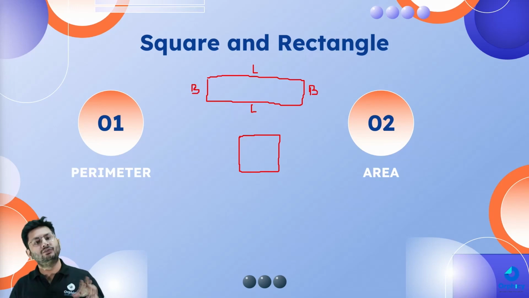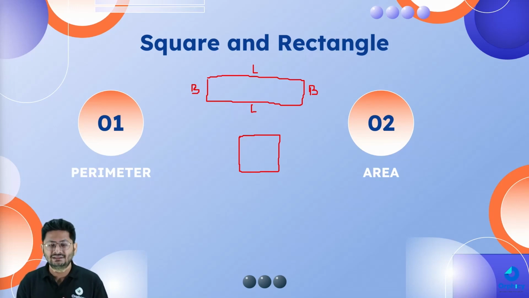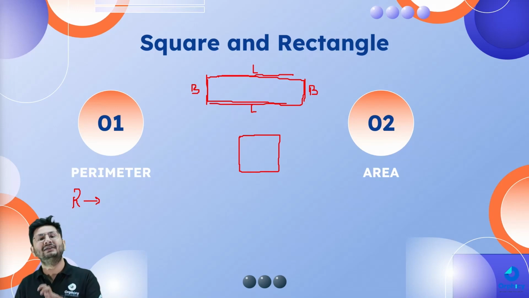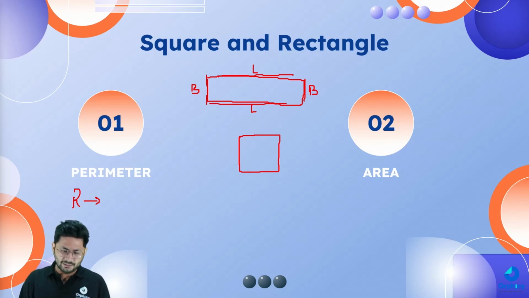So if I want to walk around the entire structure of this rectangle, I have to cover the length twice and the breadth twice. So I would say that the rectangle ka perimeter should be equal to length plus breadth plus length plus breadth, and it will be equal to twice of length plus breadth.